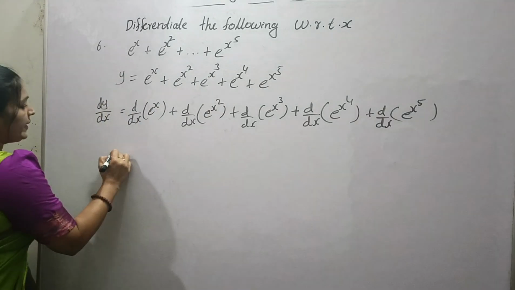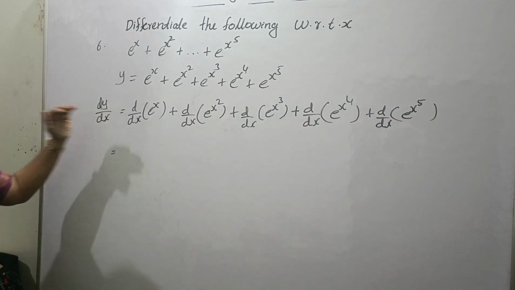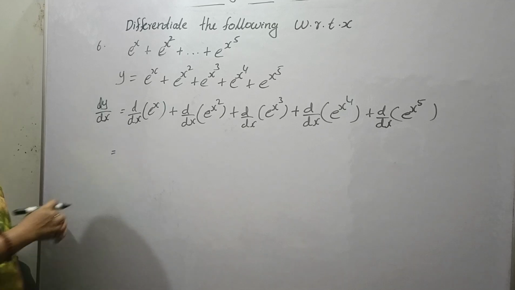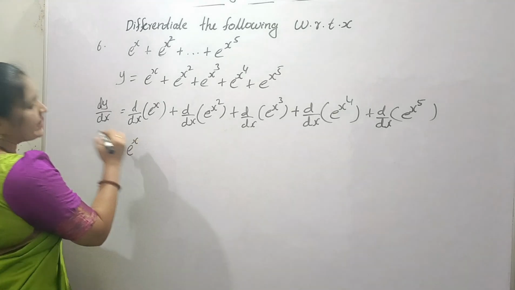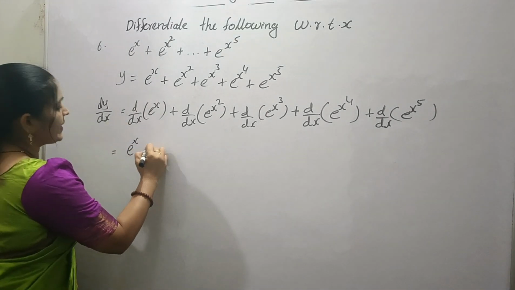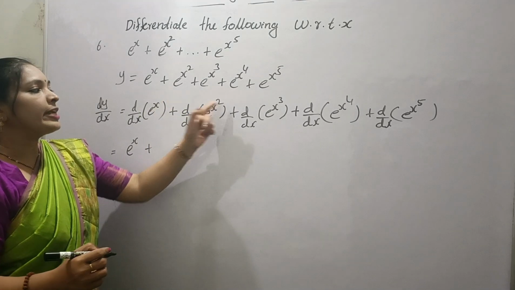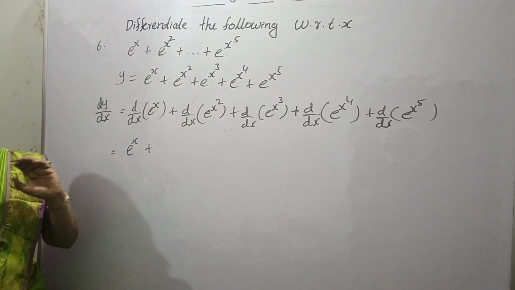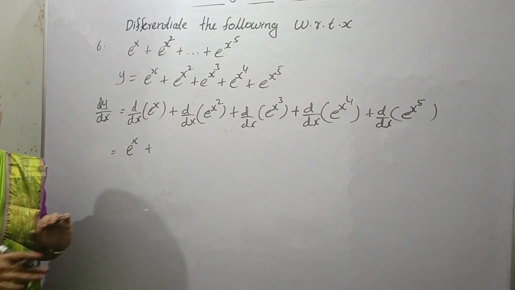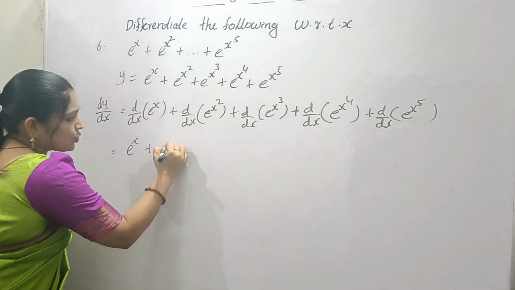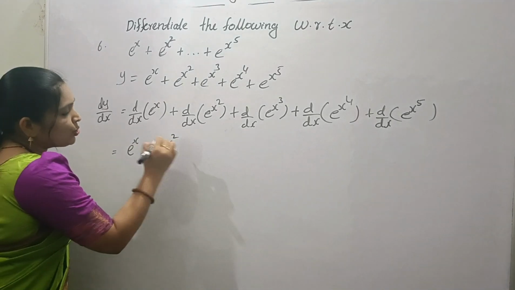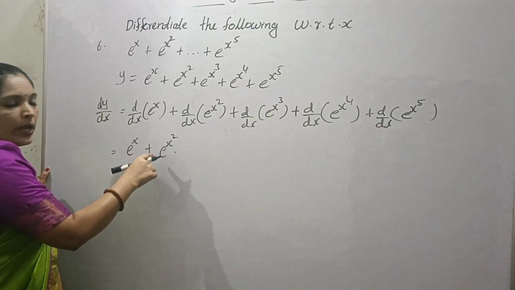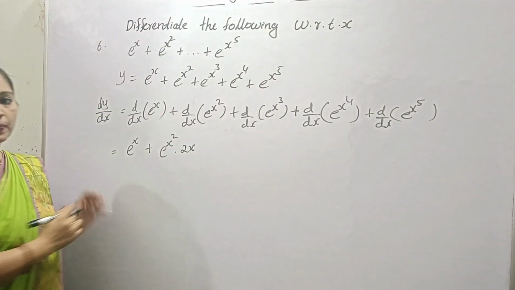Then that is equal to d by dx of e raised to x is e raised to x itself. Then next, d by dx of e raised to x square: d by dx of e raised to x is e raised to x, so e raised to x square into the derivative of x square, that is 2x.